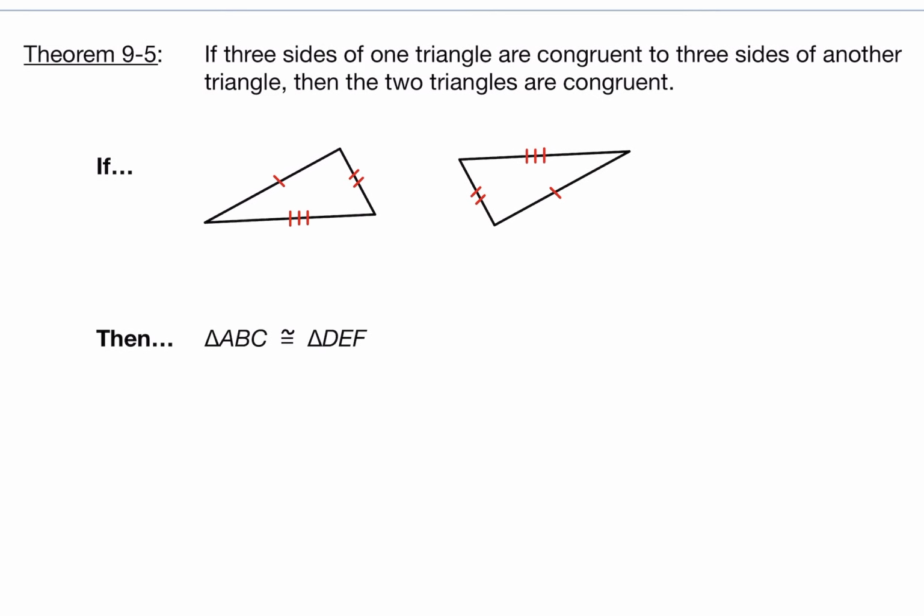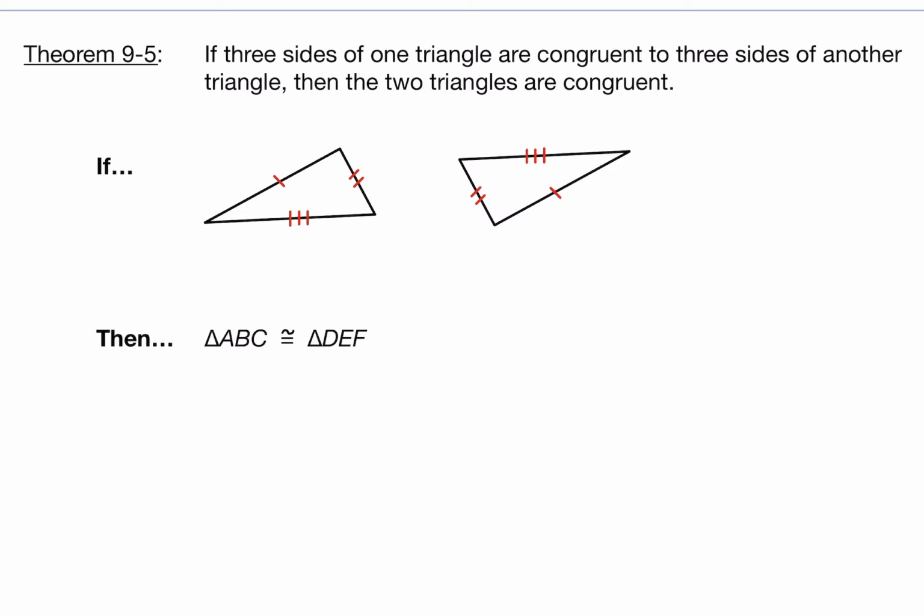All right, this next theorem is probably the easiest of the theorems that you'll learn, and that is if three sides of one triangle, so here's one triangle and we've got three sides, if each of these sides are congruent to the sides of another triangle, so this side is the same as this side is the same as that, and this side is the same as that, okay, then what we have are congruent triangles.